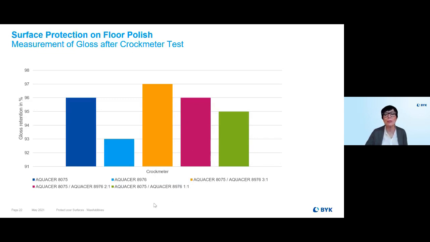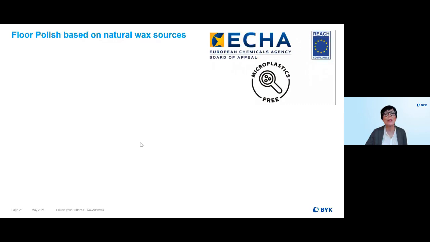But I want to draw one attention to you as well, that we will have some issues in the future with the synthetic waxes. So as you may know, a hot topic in Europe is the ban of microplastic. And the ECHA, the European Chemical Agency, will ban microplastic, and the ECHA will most likely pass the law beginning of next year.